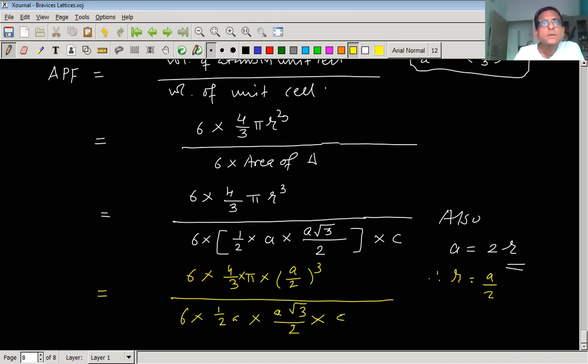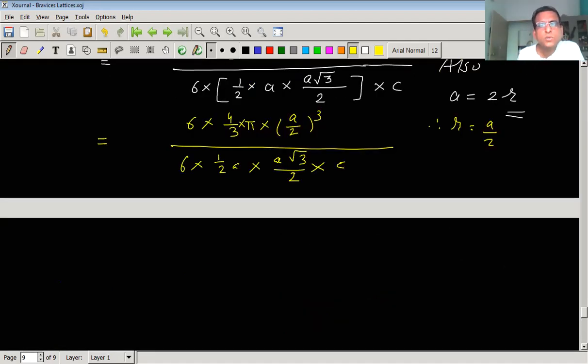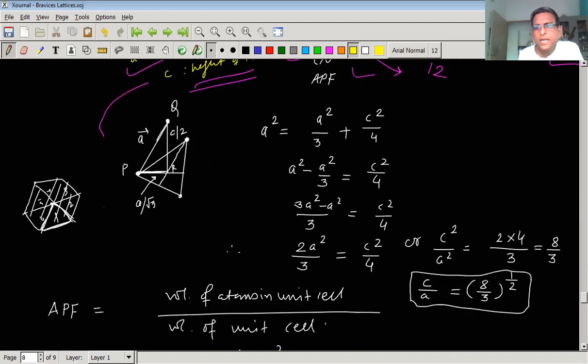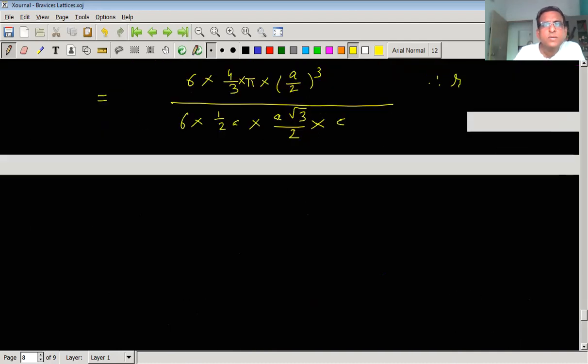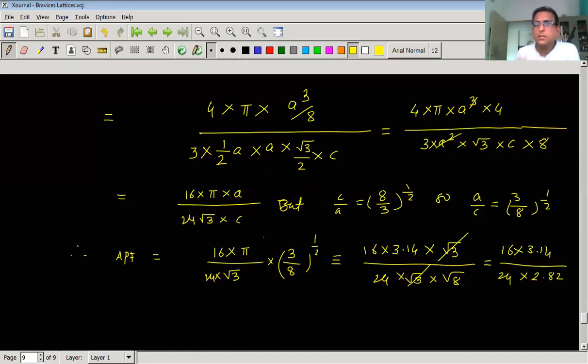So now we have to rearrange this to eliminate this C. We know that C by A is 8 by 3 raised to half. So we have to put this value of C by A here. Now just rearrange.